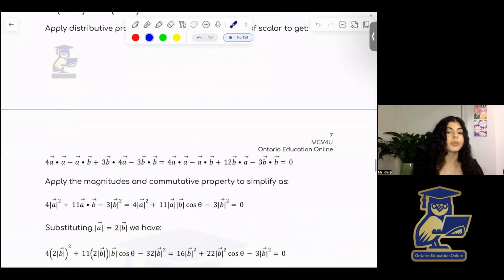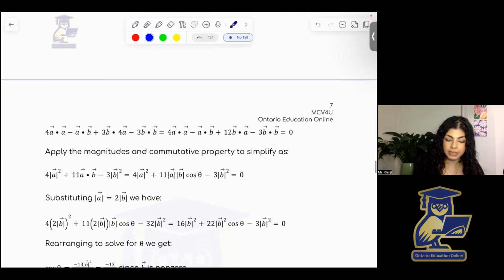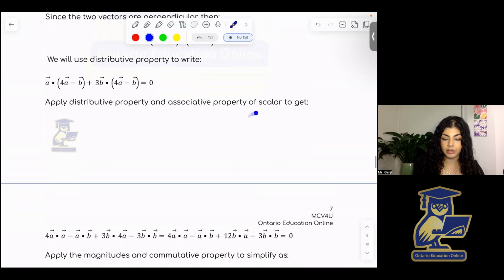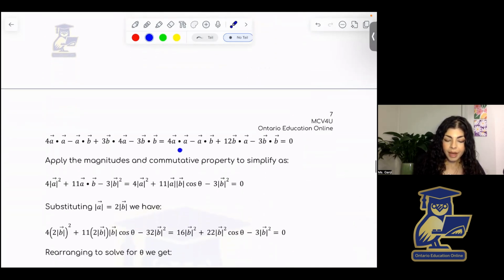And now I'm just rearranging a little bit using associative and commutative properties here. And keep in mind, the associative property is used for the scalars, not for the dot product itself. So then, here I have A dot product A, here we have A dot product B, and here's B dot product A, and here B dot product B. So remember, I'm not counting the scalars because the scalars are going to be applied at the end.